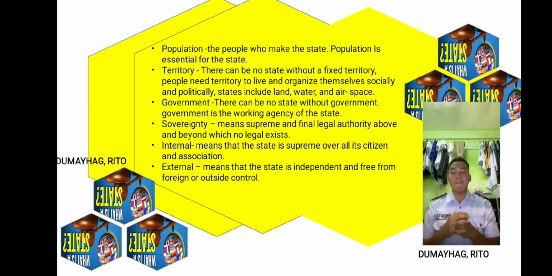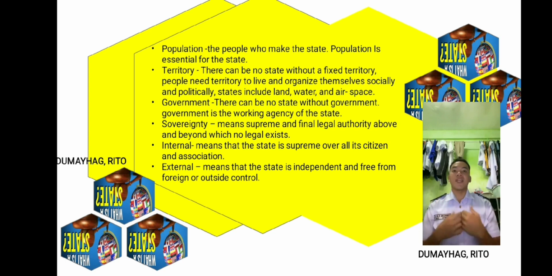Sovereignty means supreme and final legal authority, above and beyond any legal access. In sovereignty, there are two types: internal and external sovereignty. Internal means the state is supreme over all citizens and associations.